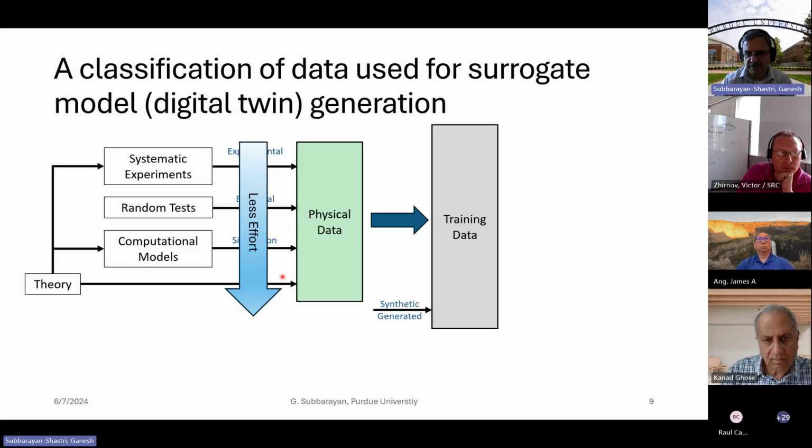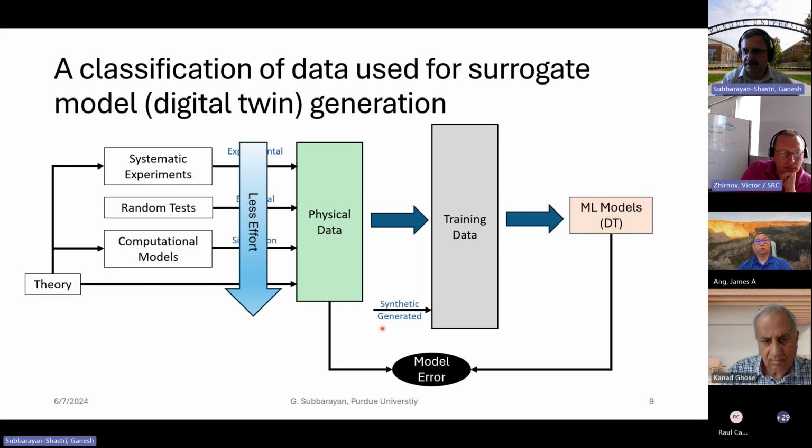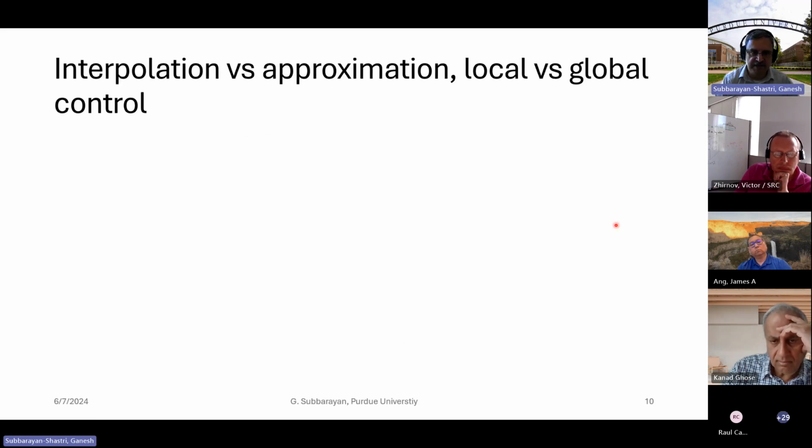Now, once we have physical data, we can also create synthetic or generative data, and together they form the training data, and the training data can then be used to develop ML models or digital twins, if you will. And then when we compare the models to physical data, we get the model error that drives, again, the model development. So this is, again, to level set all of us on what I mean by data.